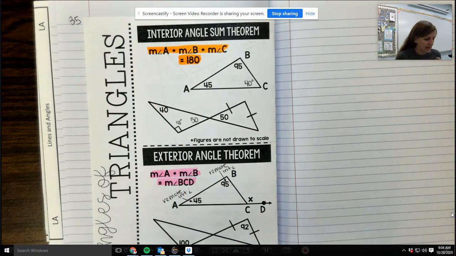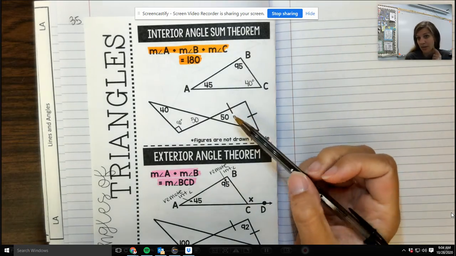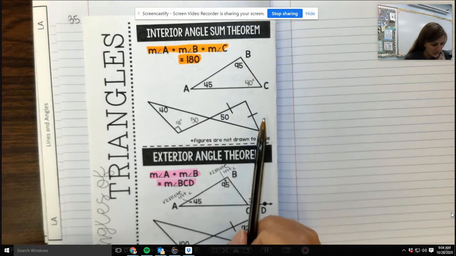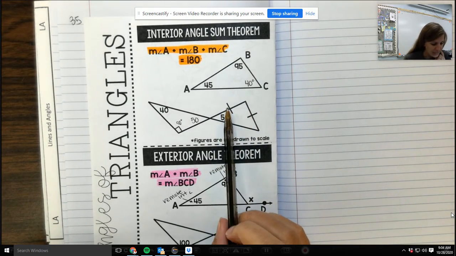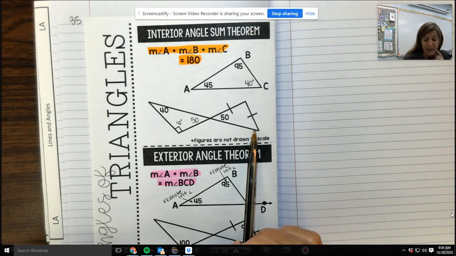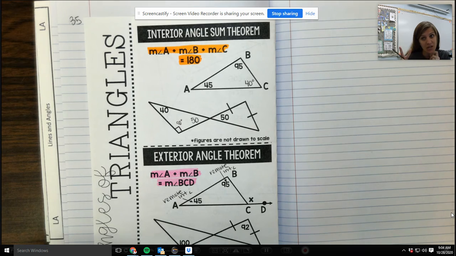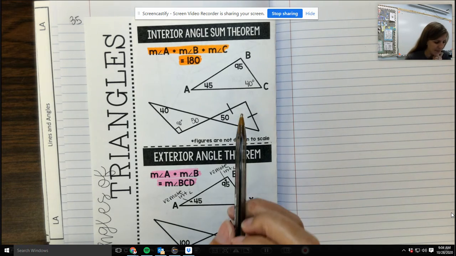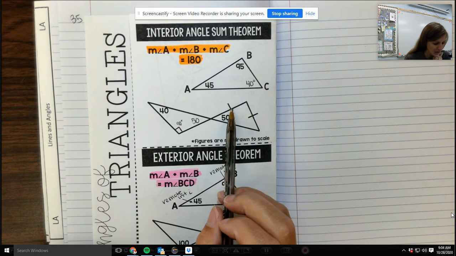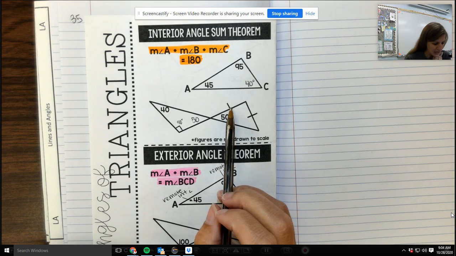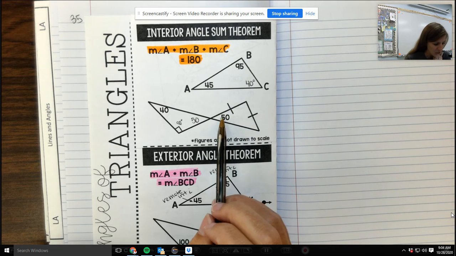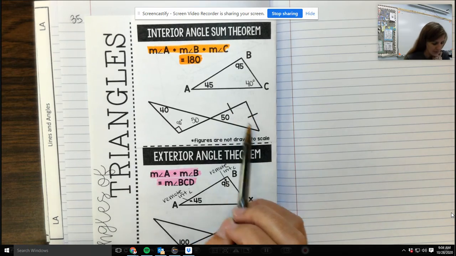Now what's interesting about this one over here, and we're going to talk more about this later, these two little dashes mean that the sides are equal, making it an isosceles triangle. And if two sides are the same, then two angles are also the same. The two angles that would be the same are the ones opposite of those sides. So since this one's 50, this one would have to be 50.